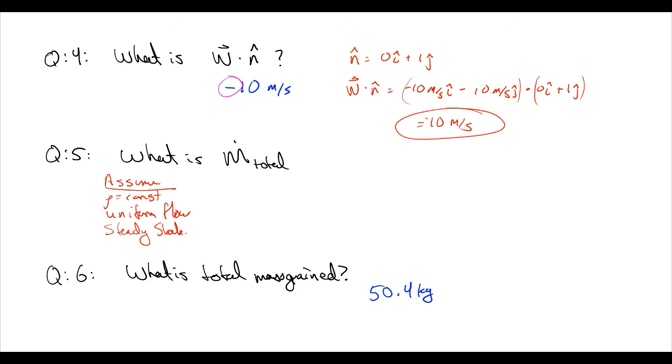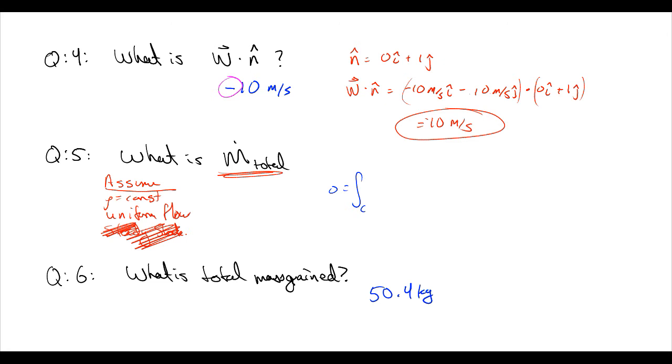So let's write out our conservation of mass equation, which is 0 is equal to the integral over the control volume of rho dV, d/dt of that, plus the integral over the control surface of rho W dot n hat dA. We know this. We just did the work for that. We know this is a constant. And this is what we're solving for. Remember, this is m dot total.